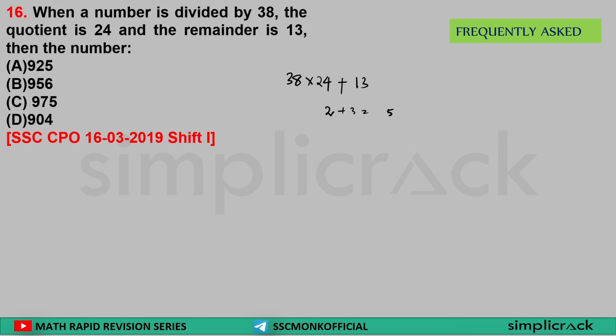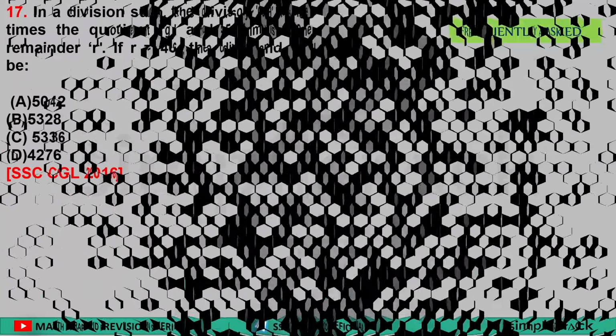There are two options over here, so I need to calculate it further. 38 into 24, if I have to multiply it, 8 fours are 32, 4 threes are 12, 8 twos are 16, 12 plus 16 is 28 plus 3 is 31, 3 out here, 3 twos are 6 plus 3 is 9. So 912 plus 13 is equal to 925. Answer option A. Clear? Next.